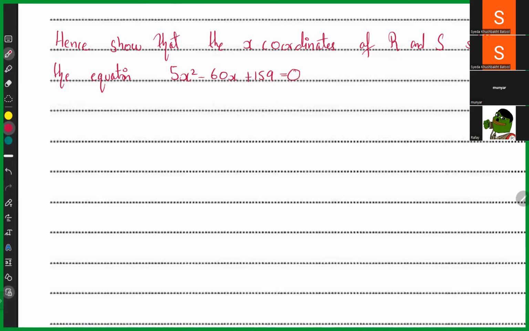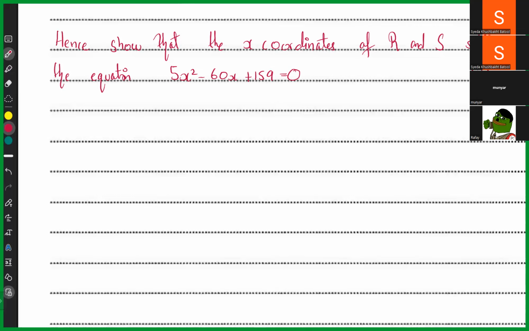So this is just a 2-mark part and you need to show that the x coordinates of R and S satisfy the equation 5x squared minus 60x plus 159. So this is basically going to be the next thing.